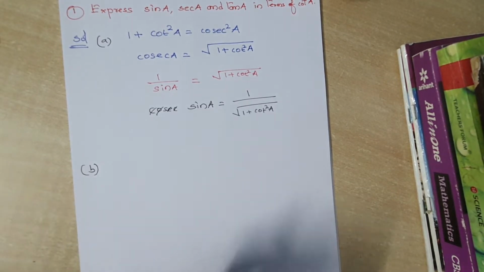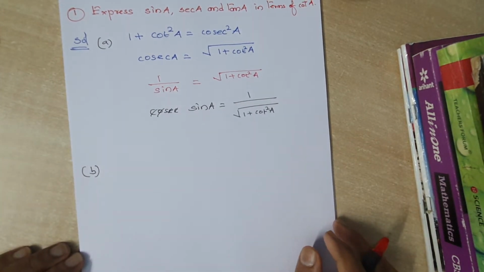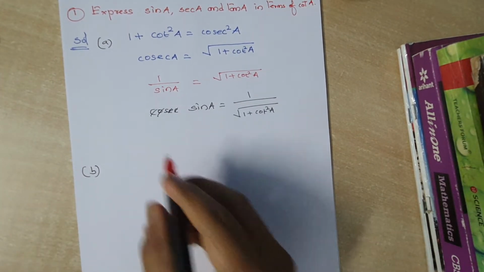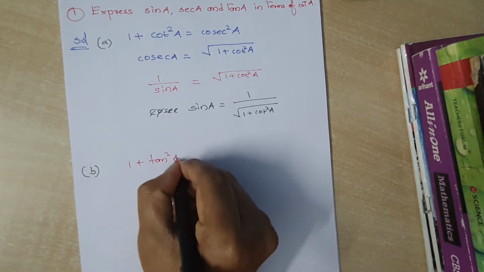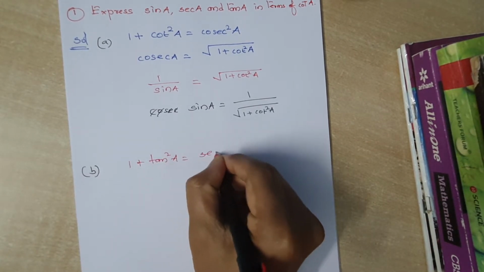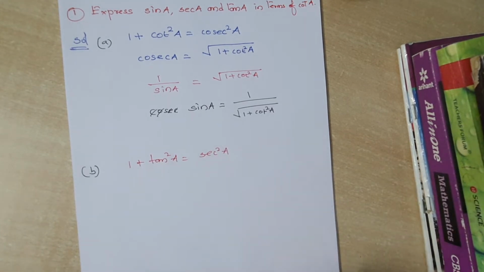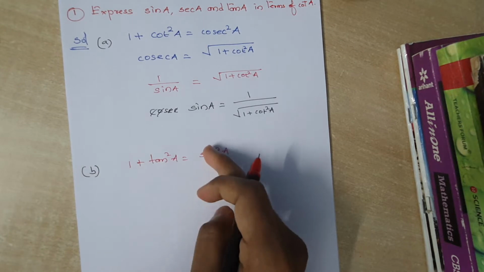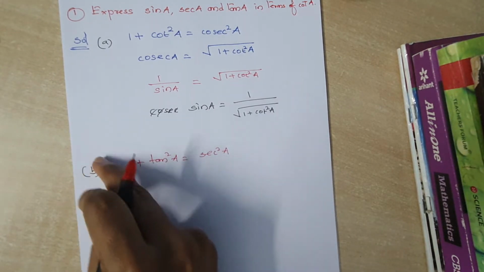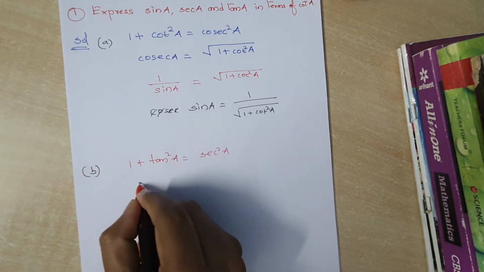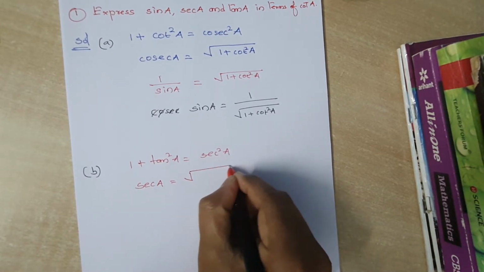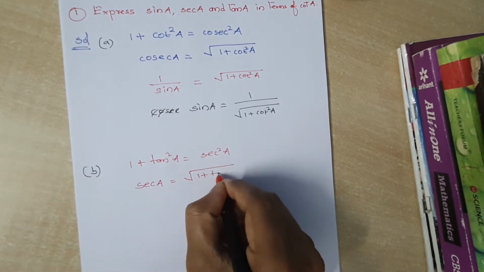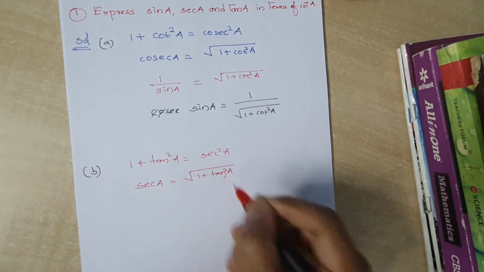What is that? 1 plus tan square A is equal to sec square A. This is the second identity. And now we need sec. So sec is equal to, if we transpose the square, square root. So sec A is equal to square root of 1 plus tan square A.